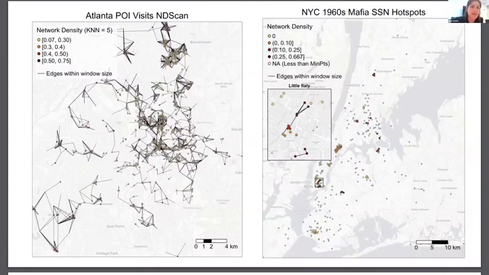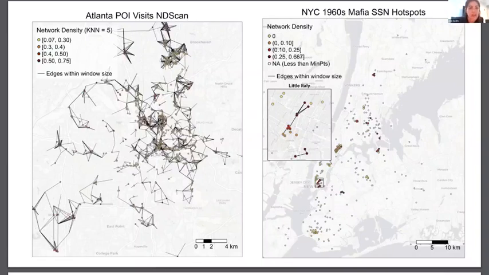And this one is Atlanta points of interest data. So these are block group centroids and then restaurants that people in the block group centroids go to. So this answers the research question of where in the city do people tend to go to their nearest restaurant? And those tended to be down in this area where we have that high network density.